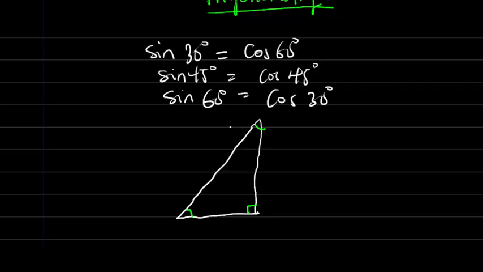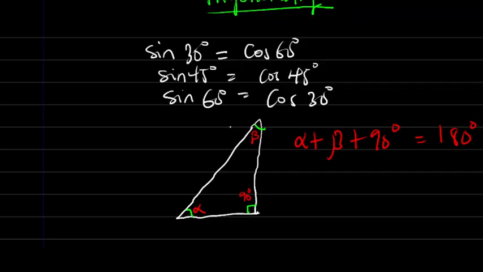What do I mean? Let us call this alpha, let us call this beta. So this is already 90 degree right angle. So that means we have alpha plus beta plus 90 degree to be equal to 180 degree.